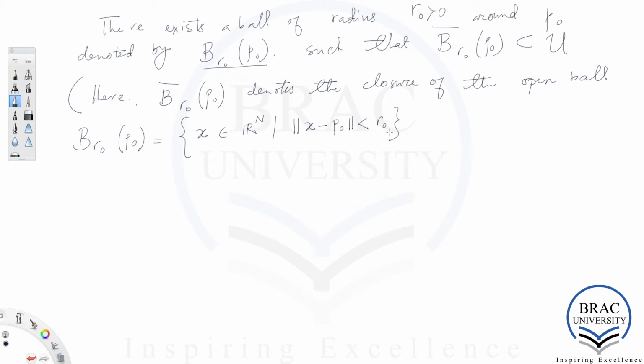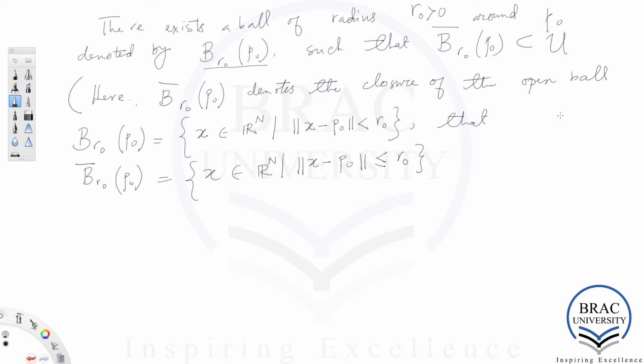That's the definition of the open ball centered at p0 of radius r0, right? The closure of that ball is defined as all those vectors of R to the n such that the norm is now less than or equal to r0.